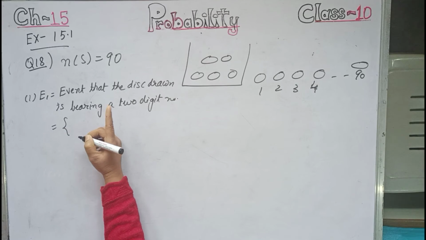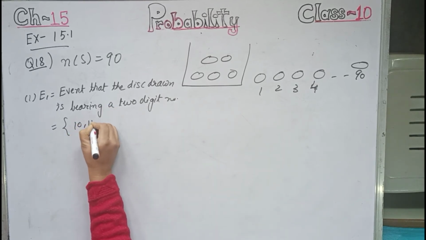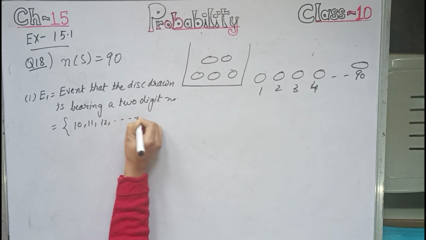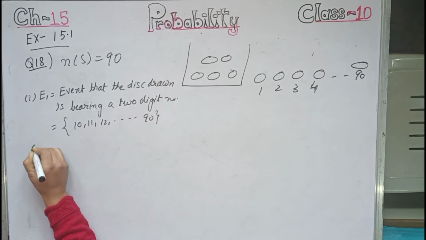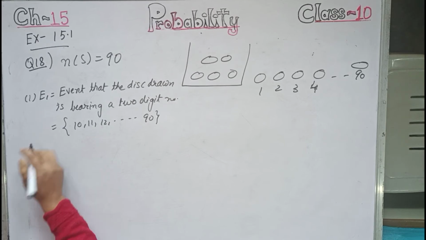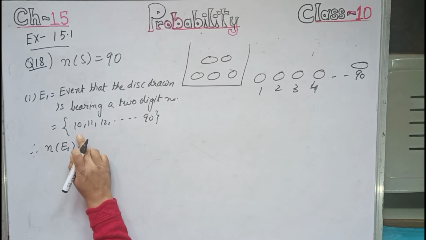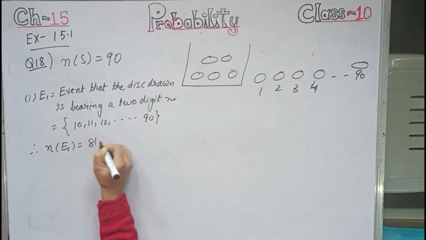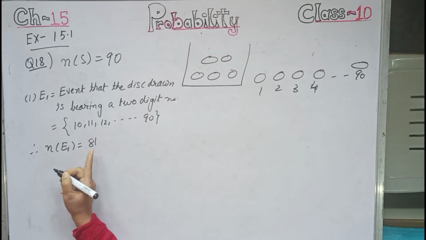Now 2-digit numbers from 1 to 90 start from 10, so 10, 11, 12 and so on till 90. Clearly, n(E1) equals 81, since 90 minus 10 is 80 and plus 1 is 81.